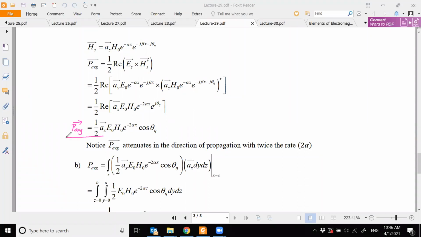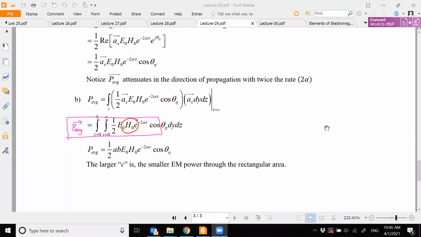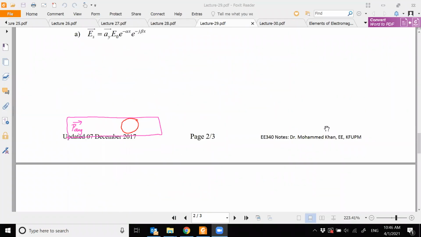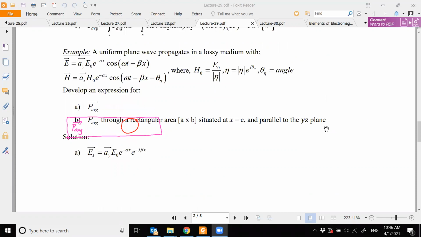Here is what I want to highlight. What is happening here?